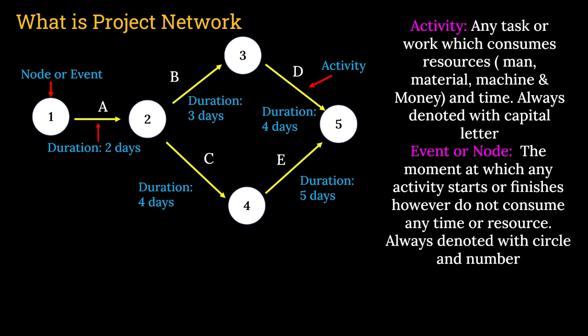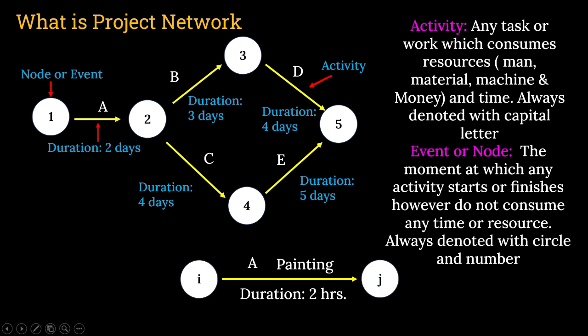Suppose the task is painting and it is denoted with A, duration is 2 hours, just for example. The start node is always denoted with I and the finish node is always denoted with J. It is the start node of event A and it is the finishing node or event of A. Clear?